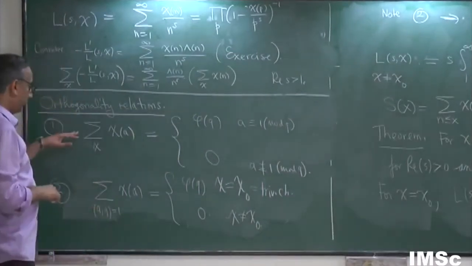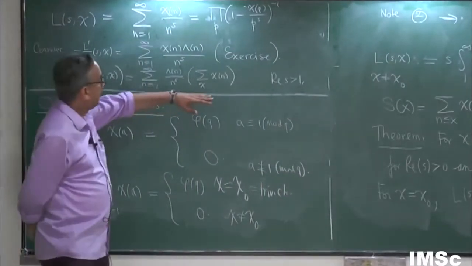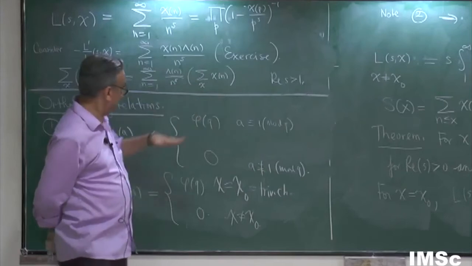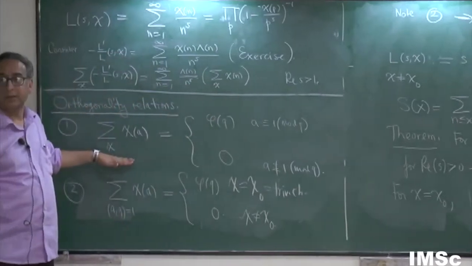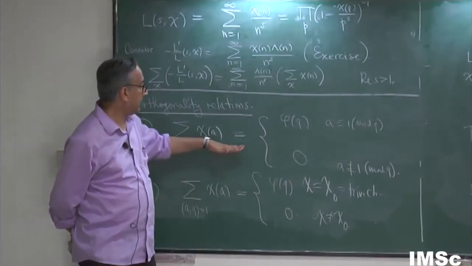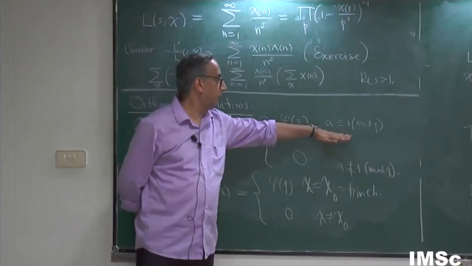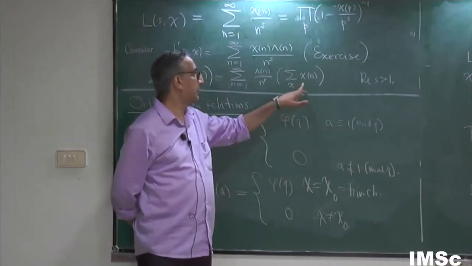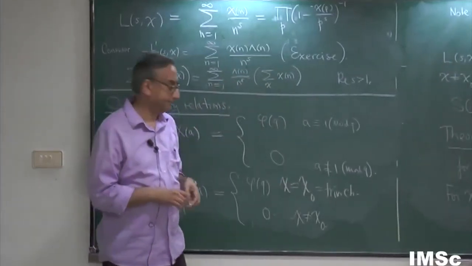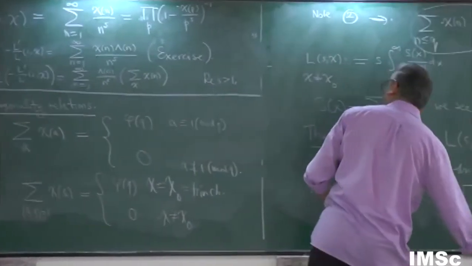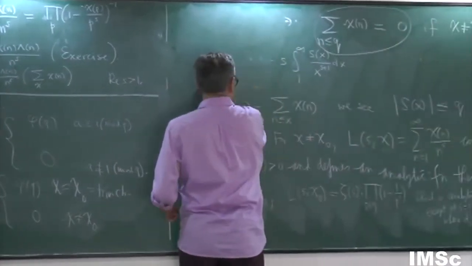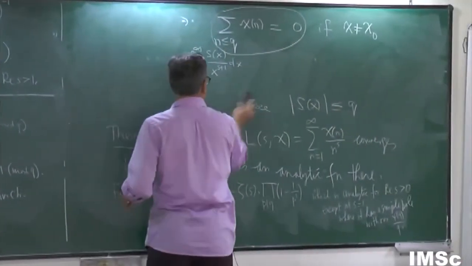Okay, now, I wish I didn't write so big. Now, what do you have here? You have the sum of chi of n over all the characters chi. So I use this relation, which tells me that the sum of chi of a spits out a phi of q whenever a is congruent to 1 mod q and 0 otherwise. So that means this sum is essentially 0 unless n is congruent to 1 mod q. Okay. Let me continue here, because I still need that relation, so this theorem is important.